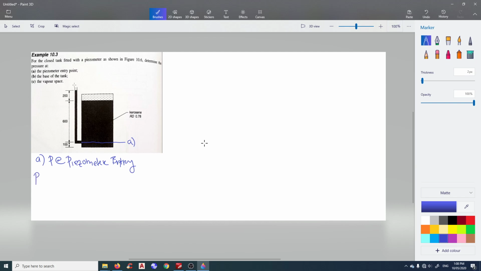Same formula, P equals rho times g times h. Now at the piezometer entry, the h is actually from here to here. So what's that? 200 plus 600. So at the entry is 600 high. Sorry, 800 high.